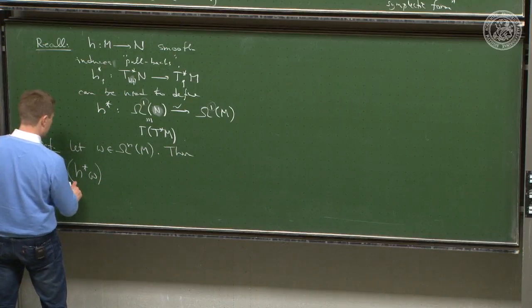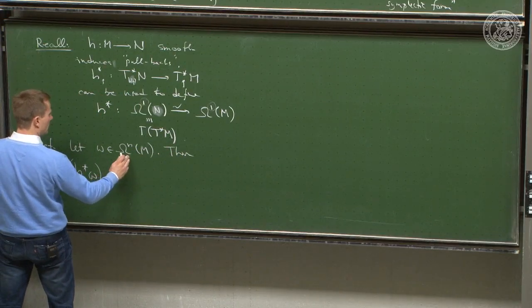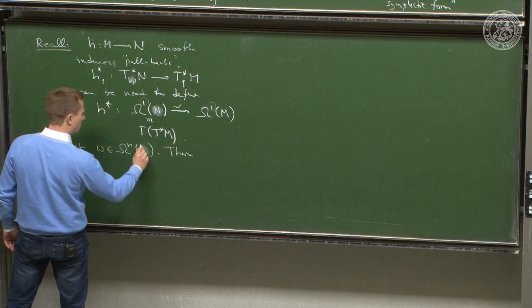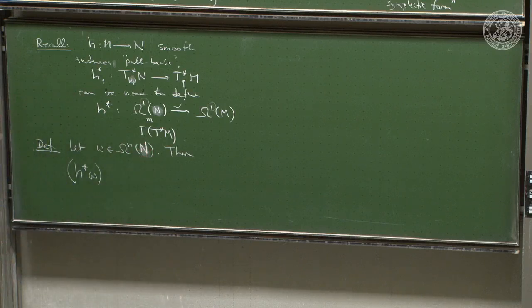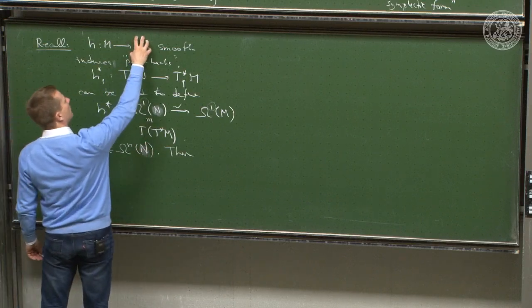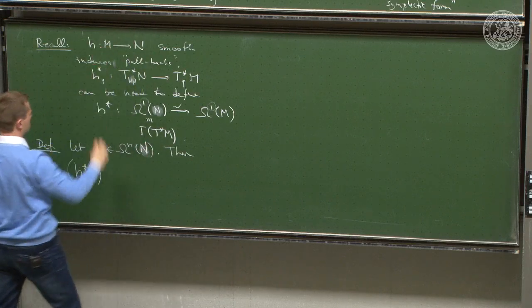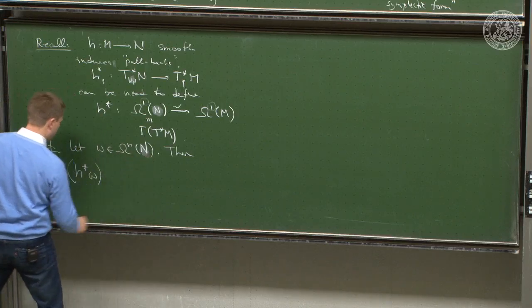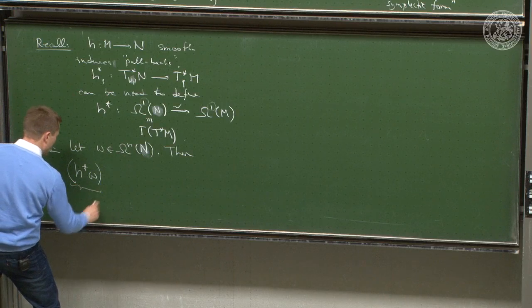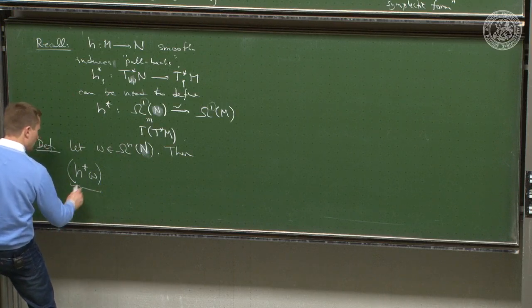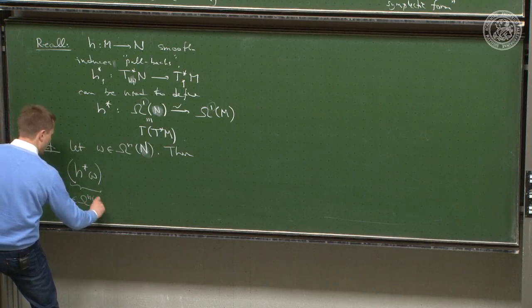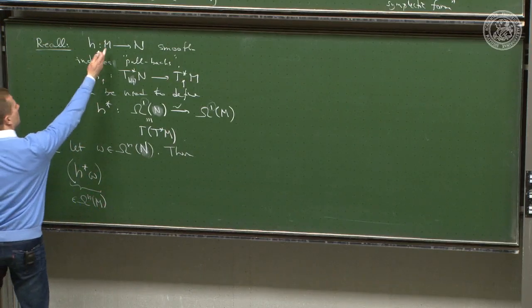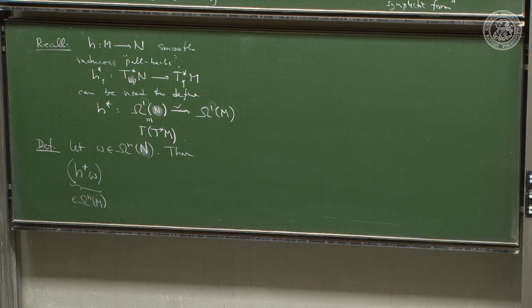Well, we have to start with an n form on N, and we can pull it back to an n form on M. So omega is in Omega n of N, and what we want to construct is an element of the n forms on the original manifold M.